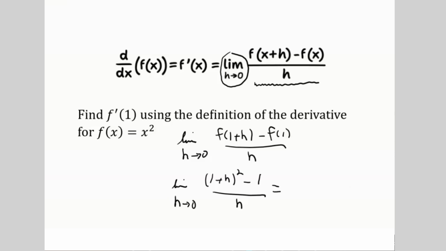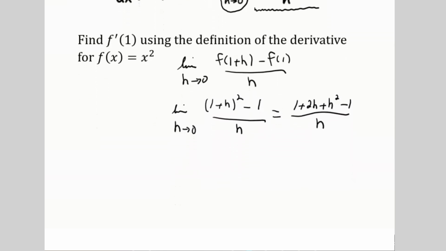Well, what is 1 plus h squared? That would equal 1 plus 2h plus h squared, minus 1, divided by h. Then we simplify the numerator. The ones cancel out, and we get 2h plus h squared divided by h.